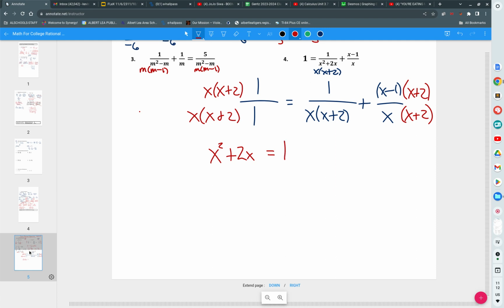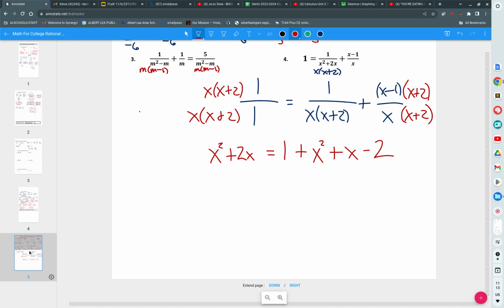I have 1 plus, now I'm going to need to multiply this out. And I get x squared minus x, and then a positive 2x. What's that going to make if I do a negative x and a positive 2x? Positive 1x. And then a negative 1 times positive 2 makes negative 2. So we multiply that out. That's what we get.